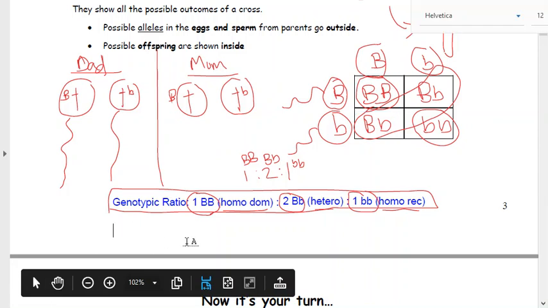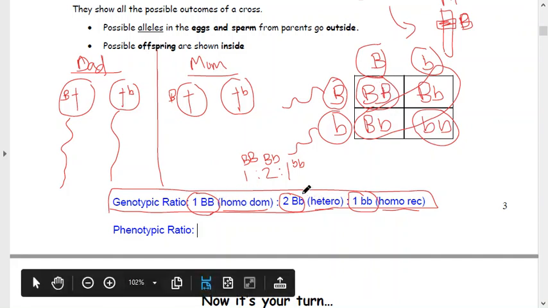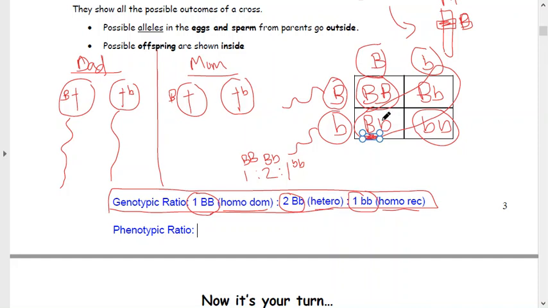The last thing here that you need to know is the phenotypic ratio. So this is how many individuals in this case are brown and how many are blue-eyed. Well, here the homozygous dominant and the heterozygous individuals all have brown eyes because they all have at least one dominant allele. Remember, if you have a dominant allele, you're going to have that allele's phenotype.